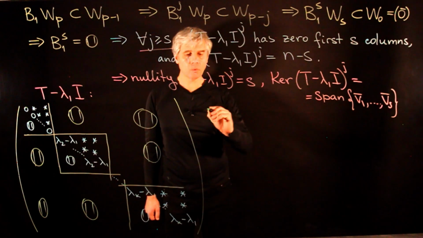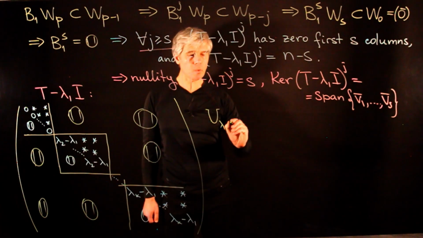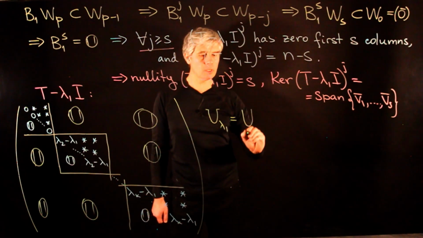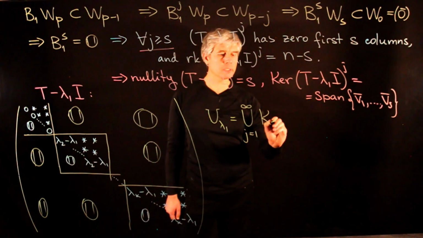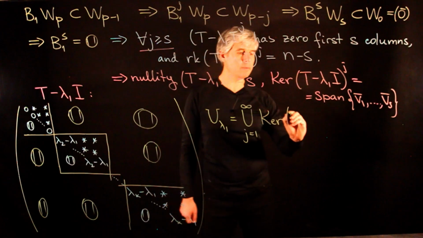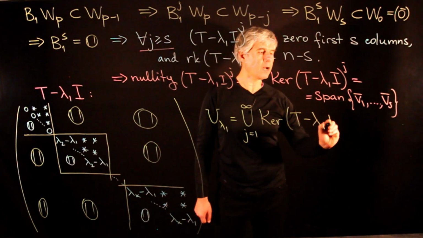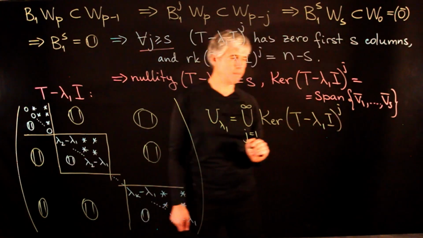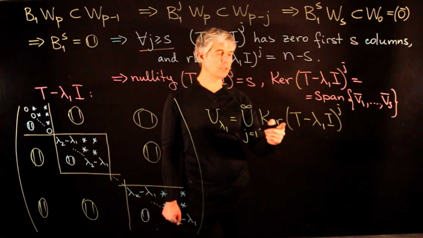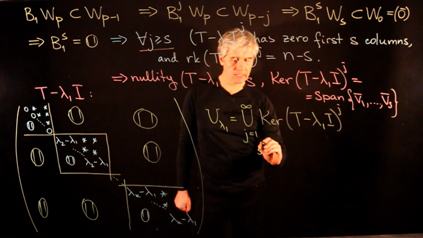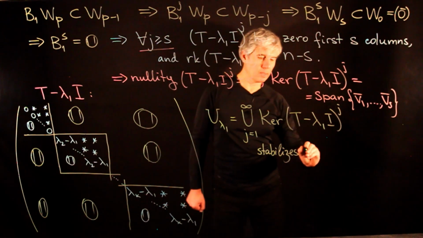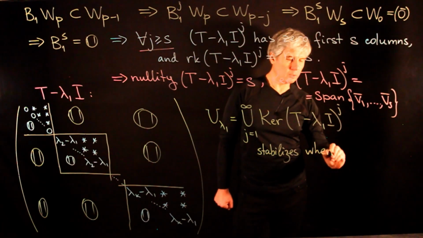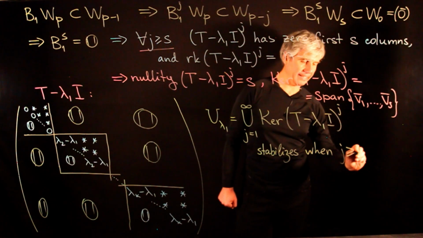If we recall the root space, U lambda 1, this is the union over j from 1 to infinity of the kernels of t minus lambda 1 I to the power of j. And we see that this chain of subspaces stabilizes when j exceeds s.